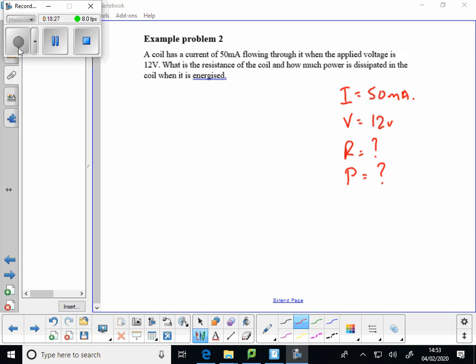So we're trying to find here R equals V divided by I. So that's 12 over, and the important thing is that we do times 10 to the minus 3 with the current. The answer is 240 ohms.